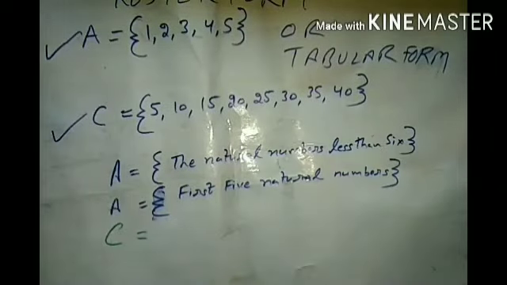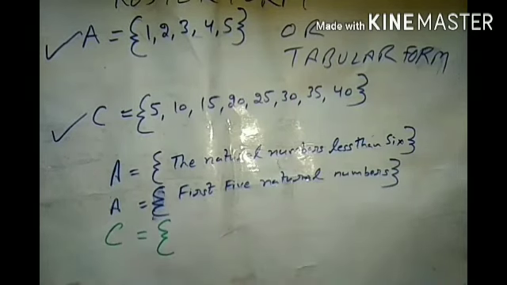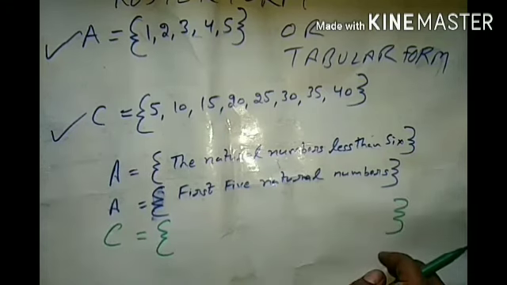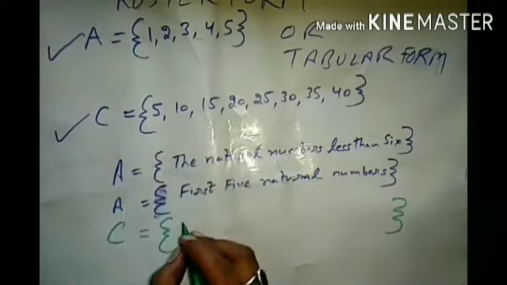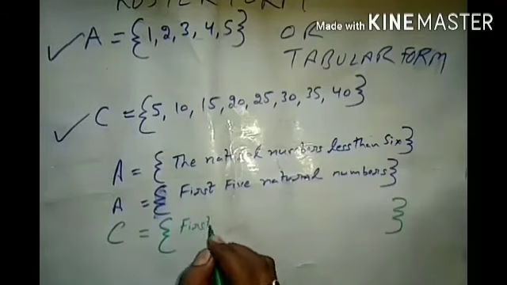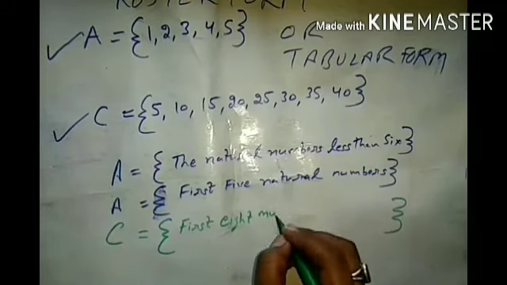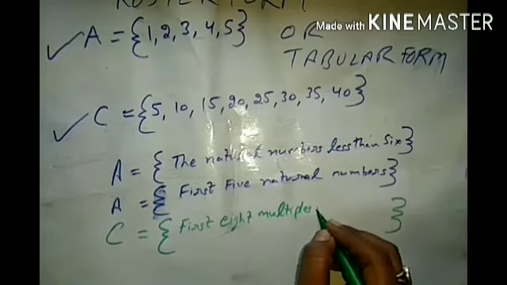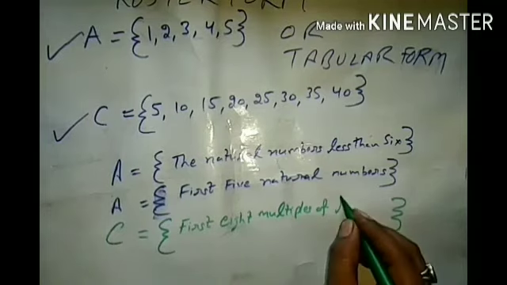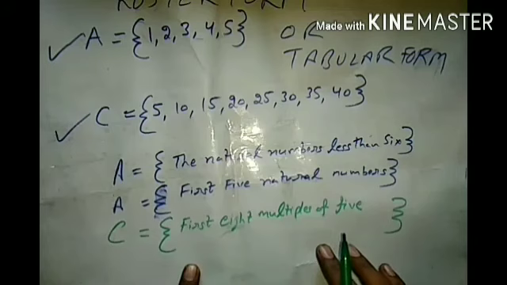I can write a statement like this, first marking the symbol of the set: 1, 2, 3, 4, 5, 6, 7, 8, first 8 multiples of 5.